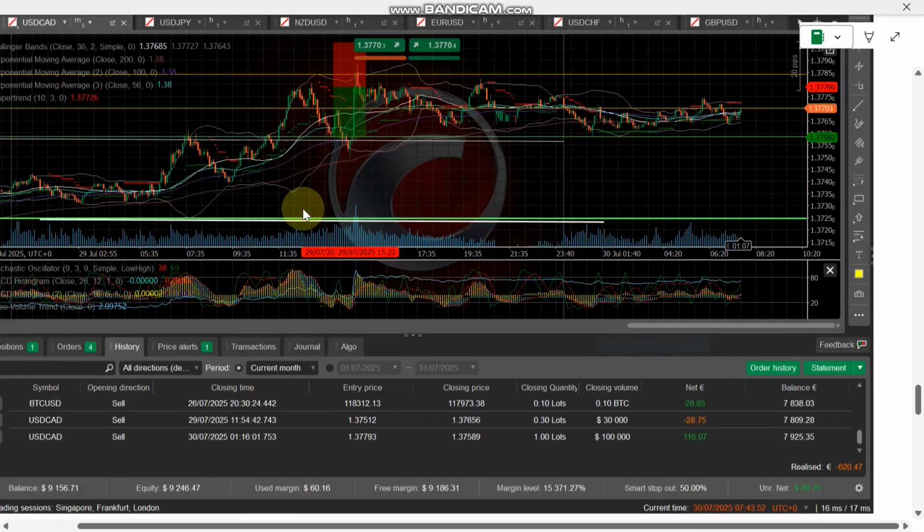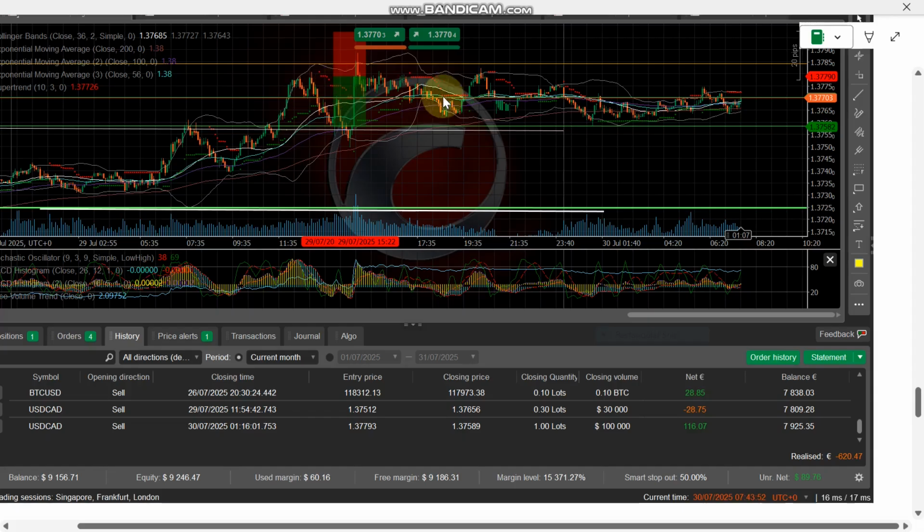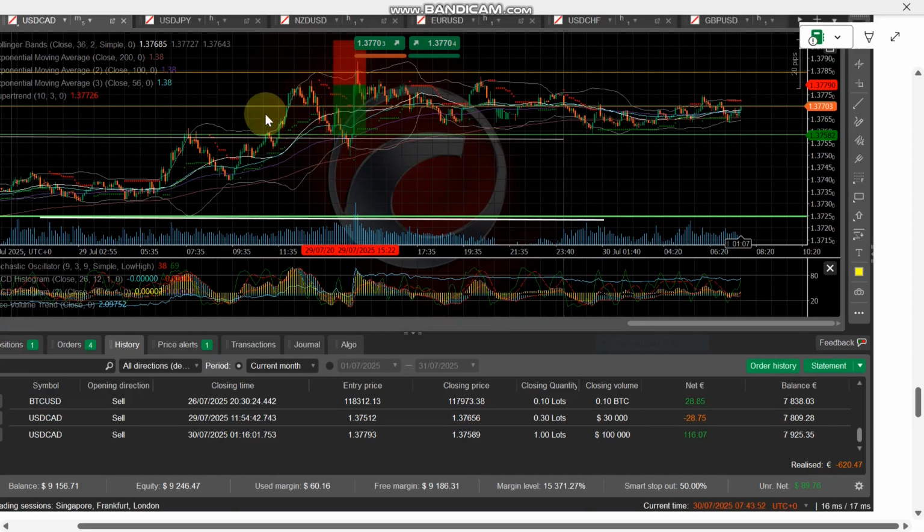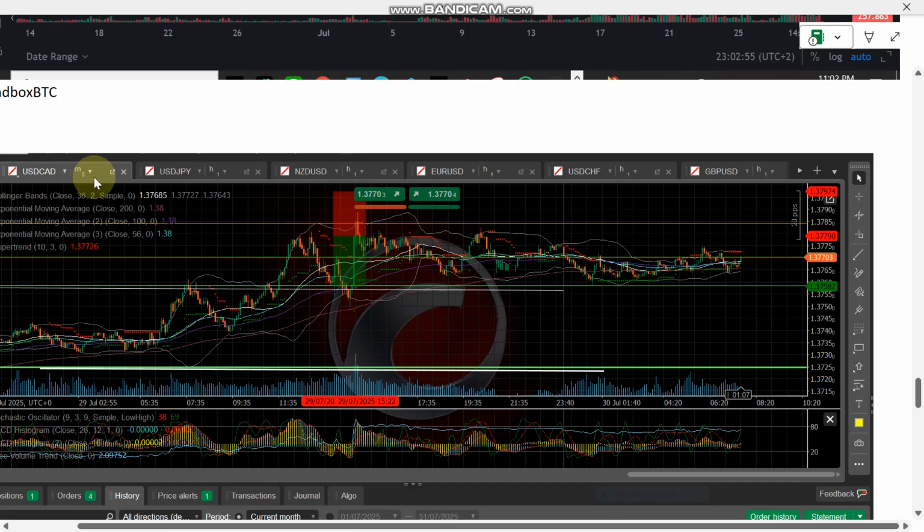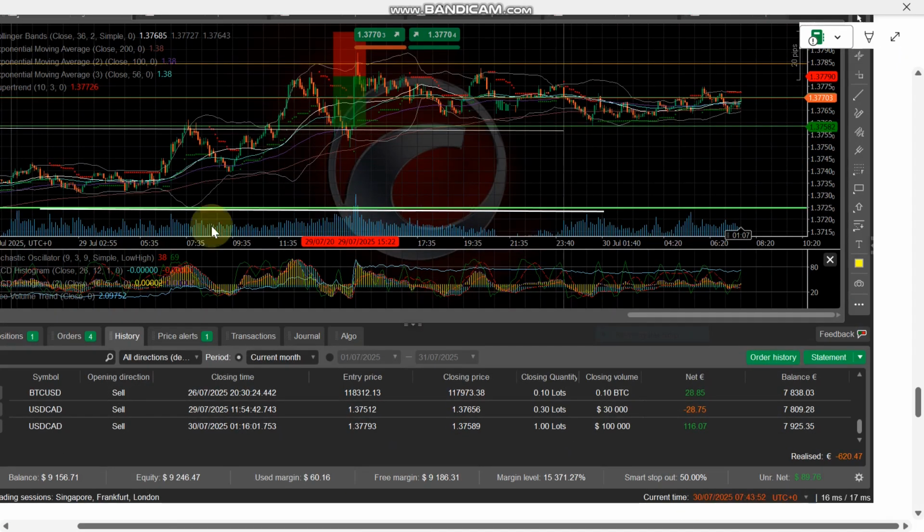Anyway, USD CAD, here my mark is gone. USD CAD M5 5-minute chart. USD CAD is going either way.